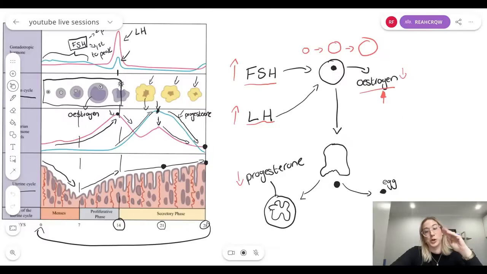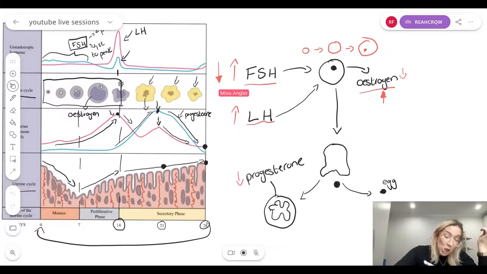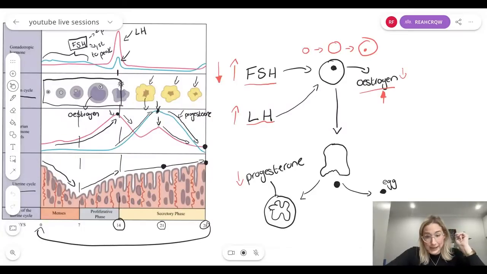Because we've just made a really big follicle with an egg inside of it. Do we need to make another follicle, everybody? No, we don't. So FSH is going to go down. If FSH goes down, do we need to ovulate? No, we don't need to ovulate.